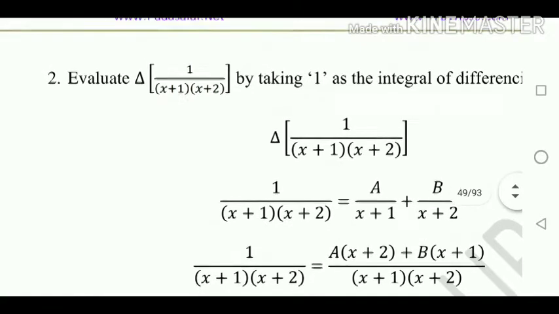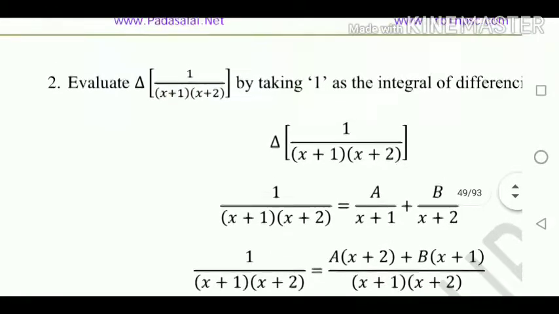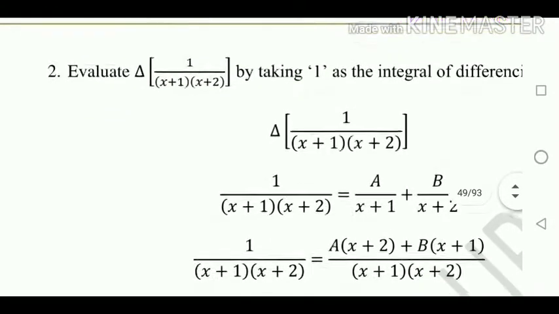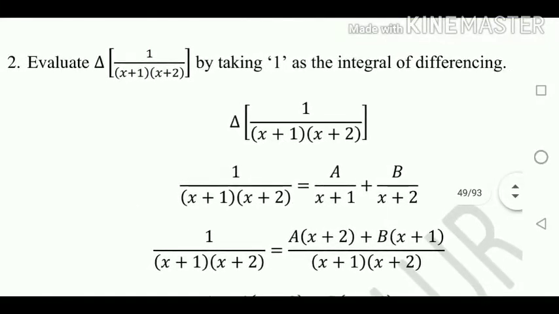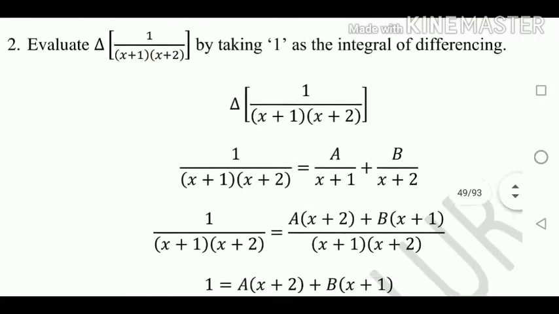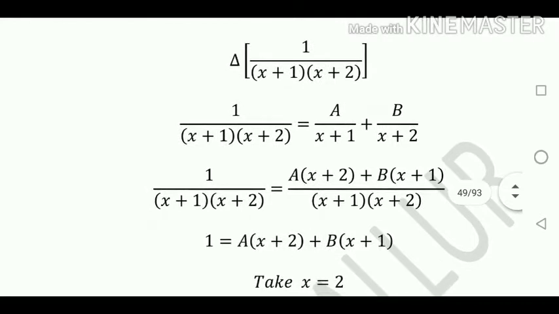Evaluate delta of 1 by x plus 1 into x plus 2, by taking 1 as the interval of differencing. Here u of x equal to 1 by x plus 1 into x plus 2. We already know about partial fractions, that is a by x plus 1 plus b by x plus 2. Here I am splitting x plus 1 and x plus 2 as 2 factors.